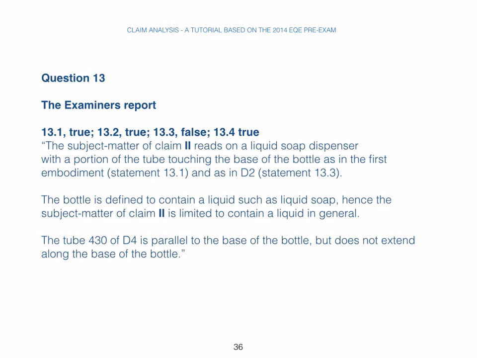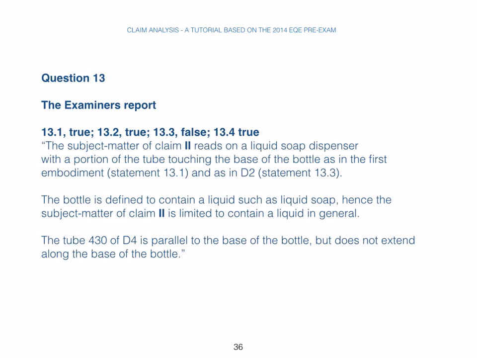So the examiners say, the subject matter of Claim 2 reads on a liquid soap dispenser with a portion of the tube touching the base of the bottle as in the first embodiment, statement 13.1, and as in D2, statement 13.3. The bottle is defined to contain a liquid such as a liquid soap.